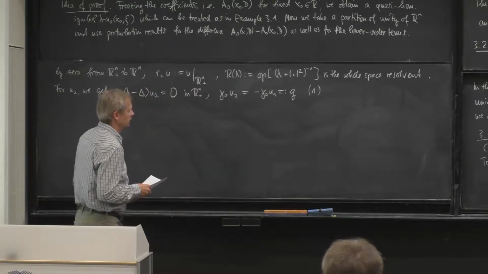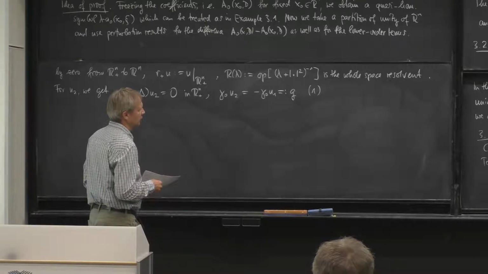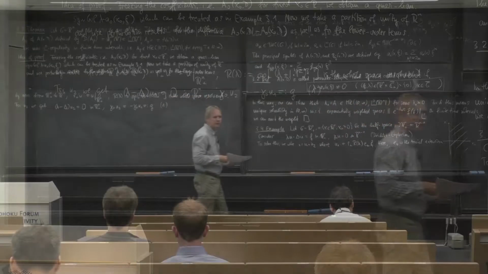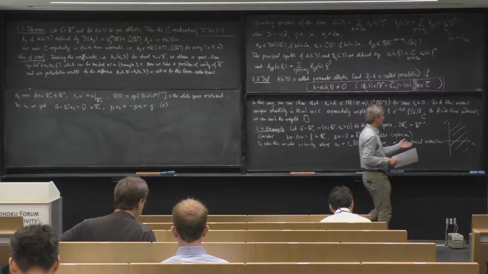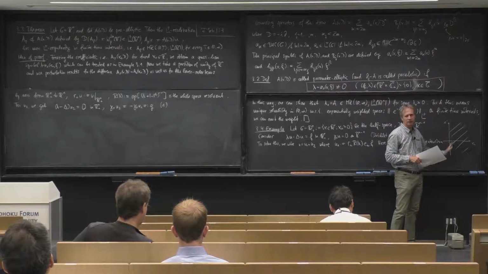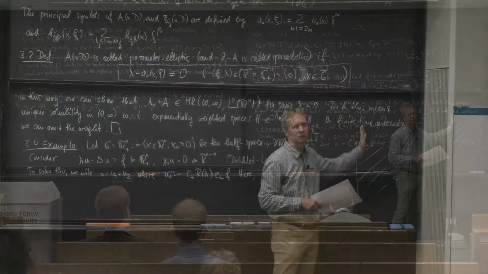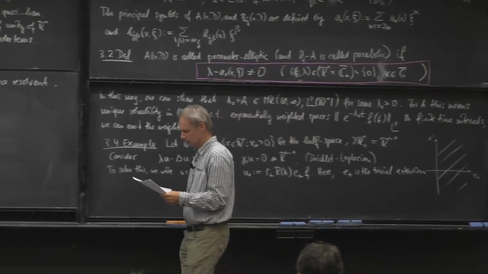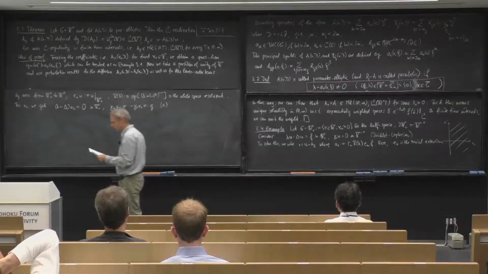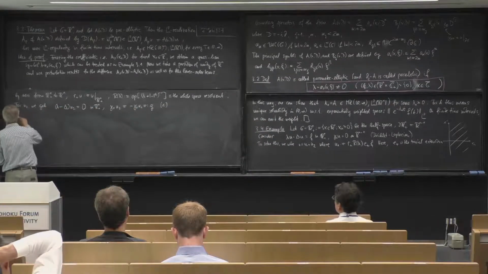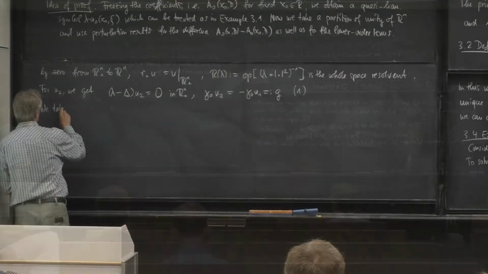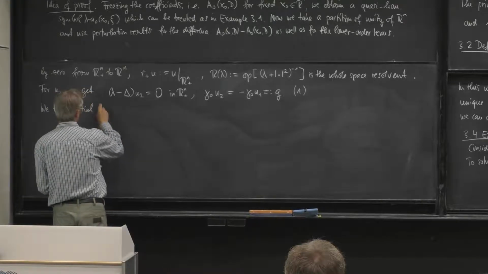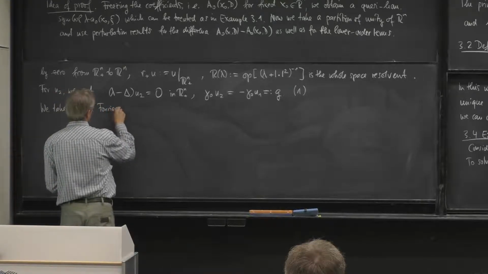And now comes the very traditional and obvious idea. If I'm here on the half space, I have here n-1 variables, and I make Fourier transform in these variables, not in this one. So this is what is called partial Fourier transform. So we take Fourier transform in tangential variables, in tangential directions.